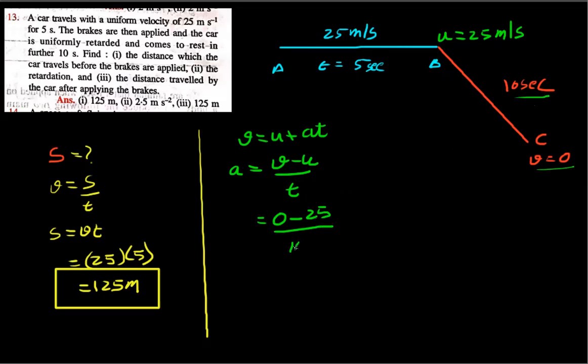So divided by 10. So acceleration equals minus 2.5 meters per second square. Now there are two ways you can write this. You can say acceleration equals minus 2.5 meters per second square, or you can also say retardation equals 2.5 meters per second square.